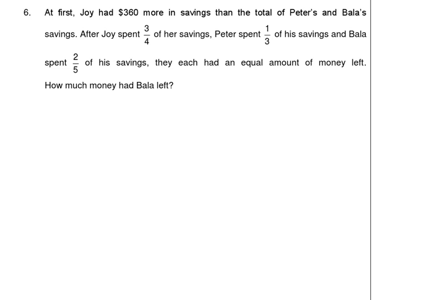Okay, let's draw a model to show that they each had an equal amount of money left. Let's draw this model first. Joy, Peter, Bala. They each have the same amount of money left.